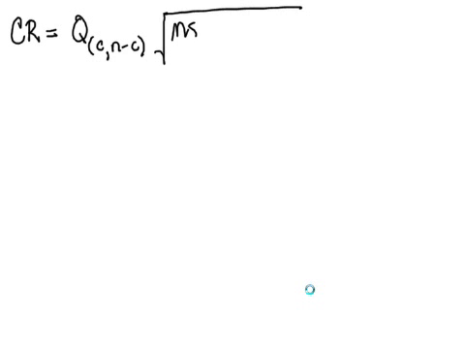Times the square root of MSW divided by 2 times 1 over the sample size of the first group you're comparing, we'll call it N sub j, plus 1 over the sample size of the second group you're comparing.